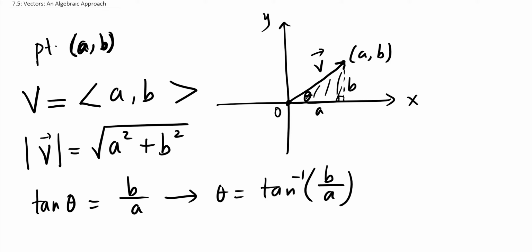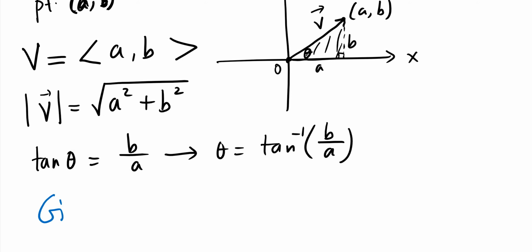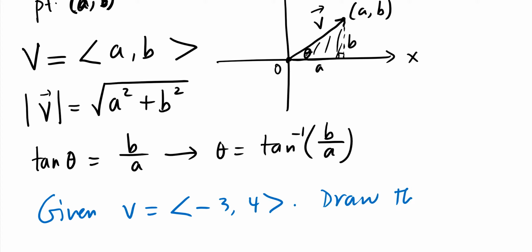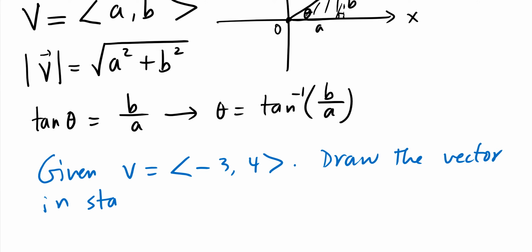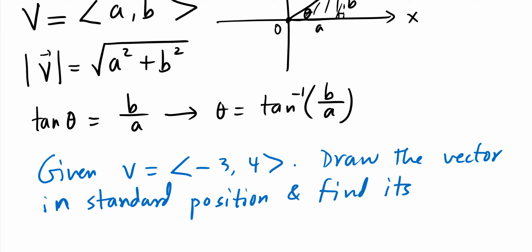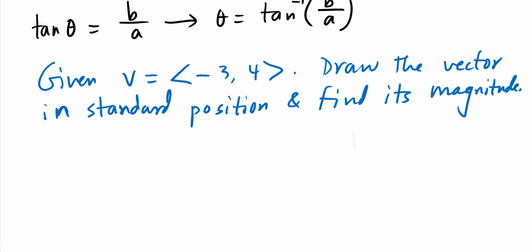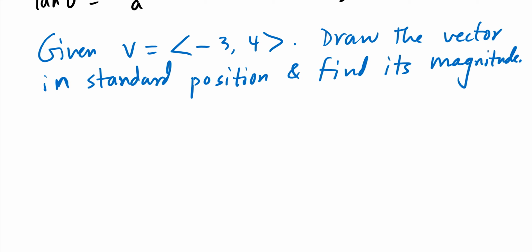If we are given vector v with components -3, 4, and we are asked to draw the vector in standard position and find its magnitude, how do we do that?